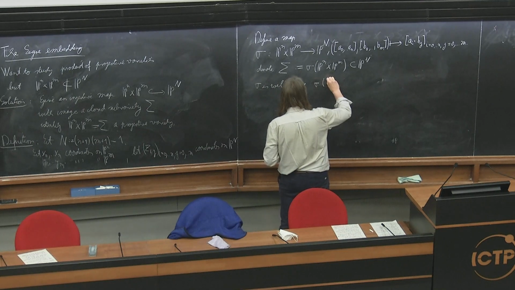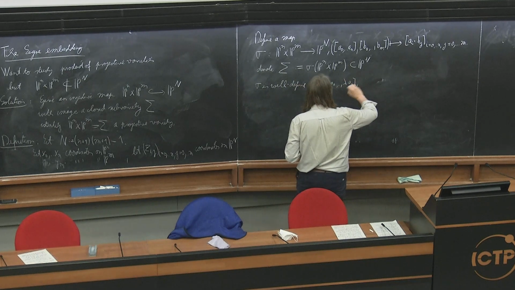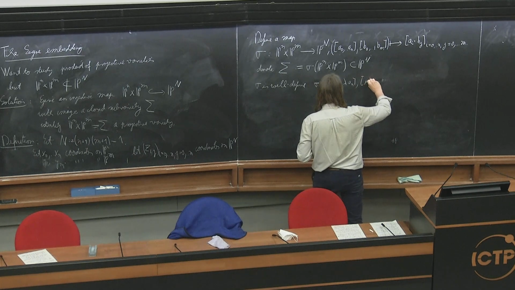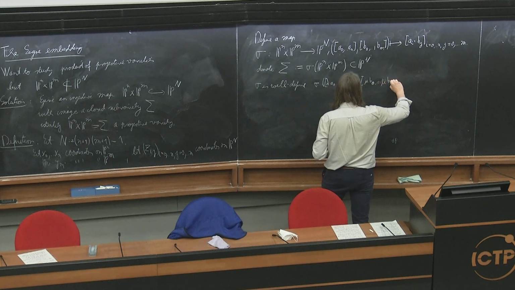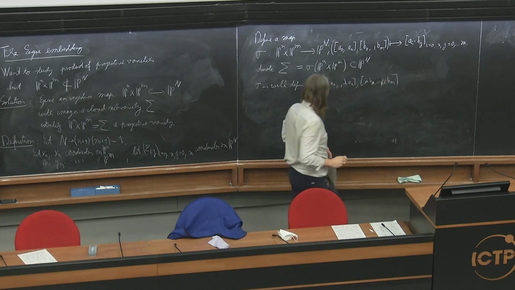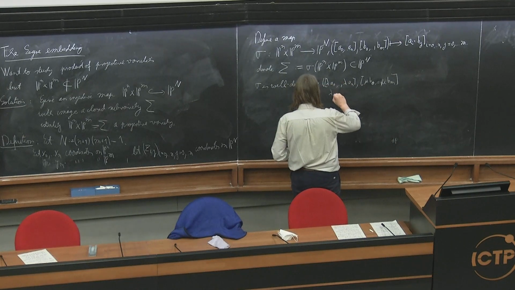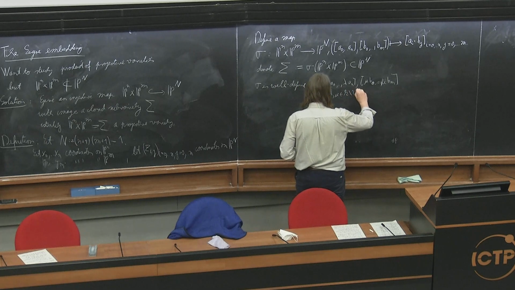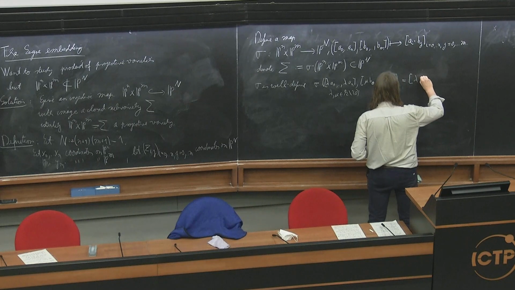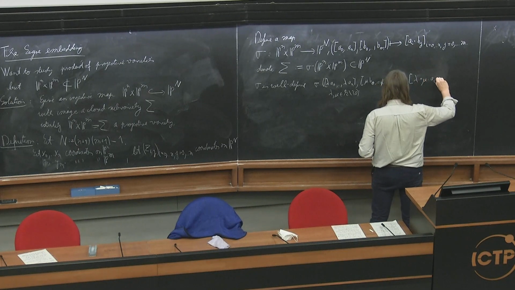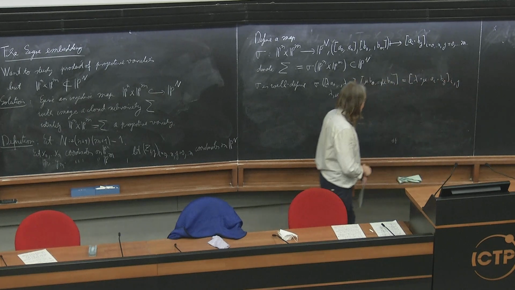So sigma of lambda A0 to lambda An, mu B0 to mu Bm: if I multiply all the coordinates here by lambda, and here by mu, this is just lambda times mu times Ai times Bj, where i and j run through the same range as before.